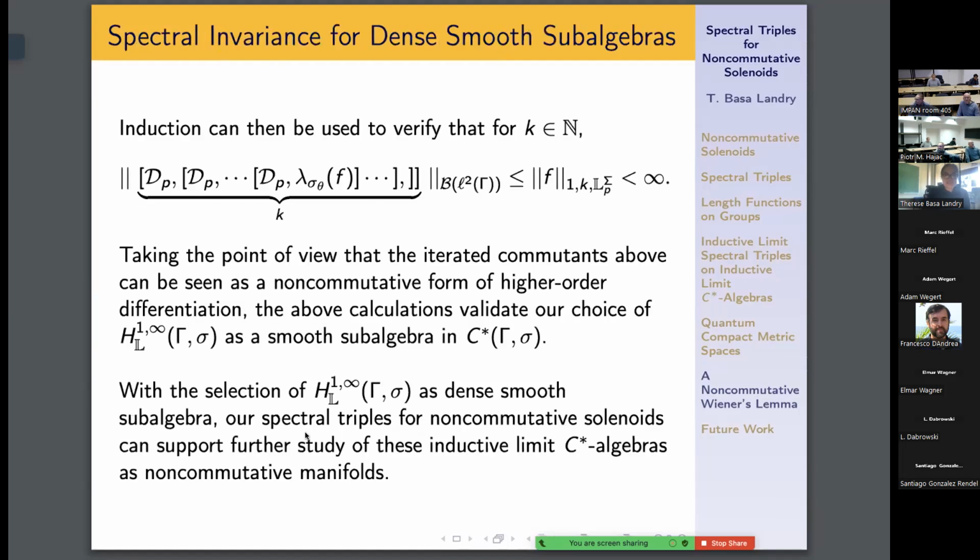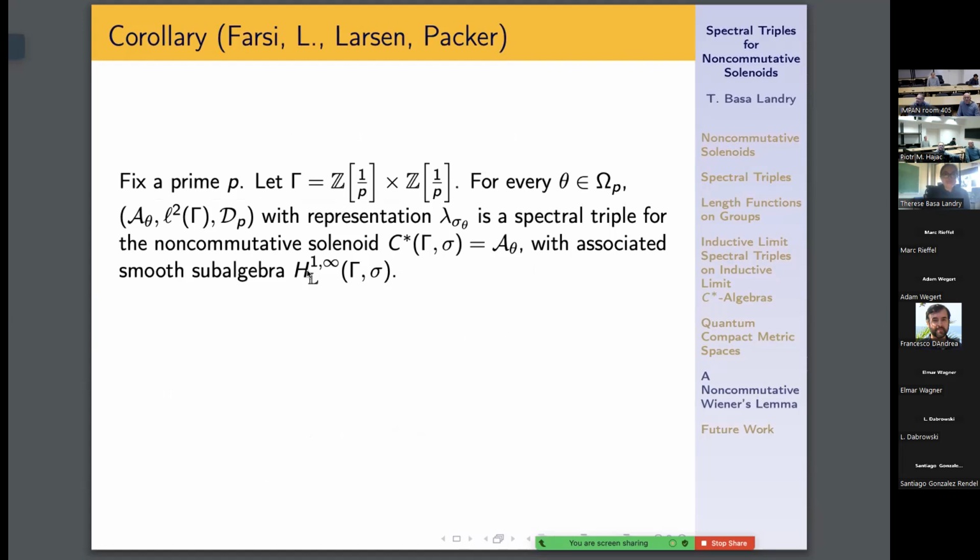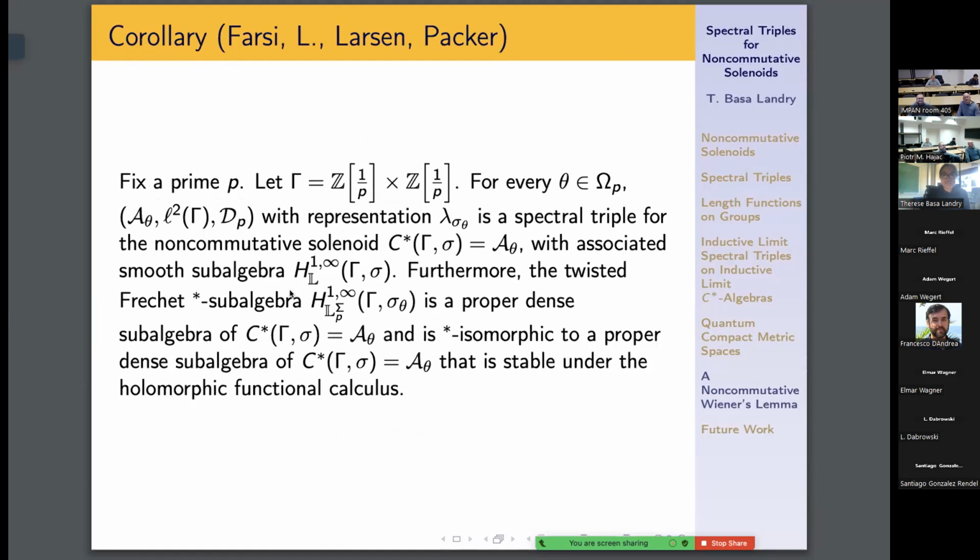And so now that we have this result, we can take our original result about spectral triples and specify this choice of smooth, dense star subalgebra. And we can, furthermore, not just say that such a one exists, but also that it's stable under the holomorphic functional calculus.